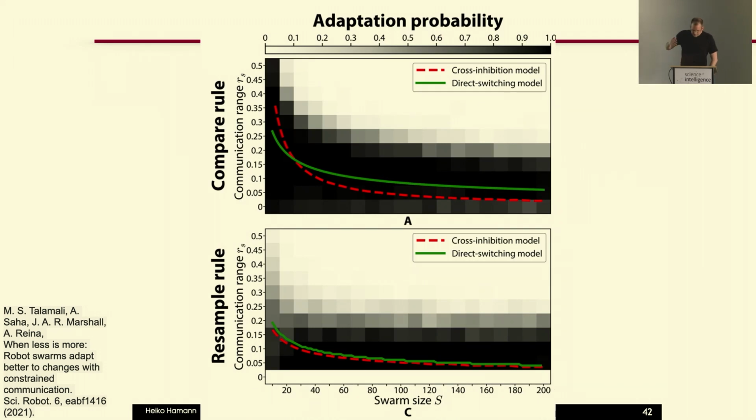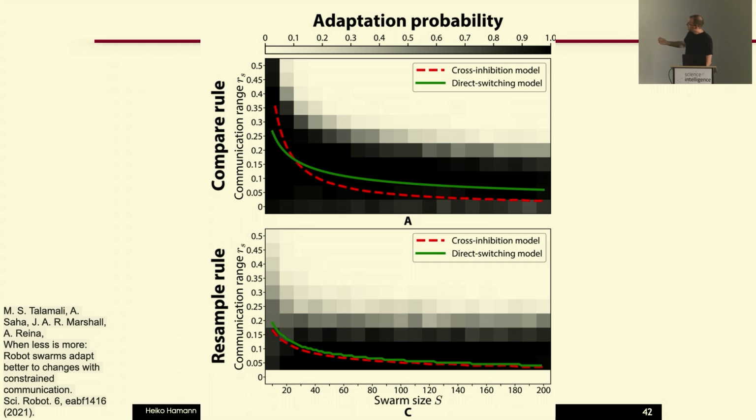Just to give you some data so that you do not only have to take my word, this is a bit difficult to understand maybe. On the vertical axis in both of these plots, you see communication range. If you move to smaller values, this reduces the amount of information because you have fewer neighbors. And on the horizontal axis, you have bigger and bigger swarms, I think this is simulations, if I remember correctly.